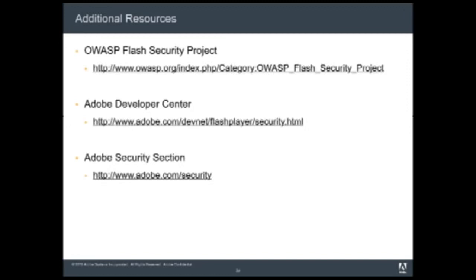You can find it and read the original sources that I'm citing to get more information. The Adobe Developer Center has information for Flash developers. It talks about the changes we make within Flash Player from release to release to make the model more secure, whether there will be backwards-breaking changes, and new APIs which are introduced. And if you're interested in Adobe security in general, there's an Adobe Security section.